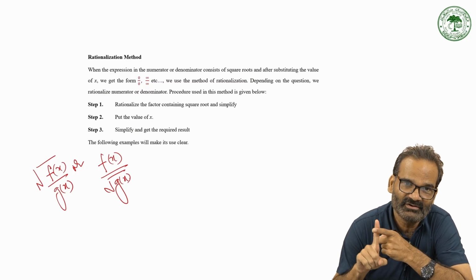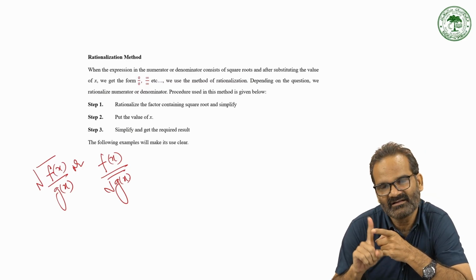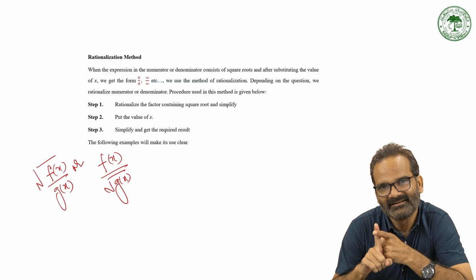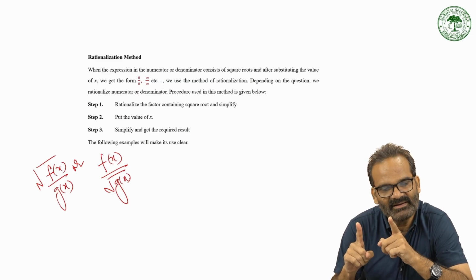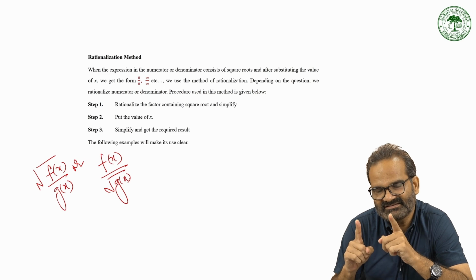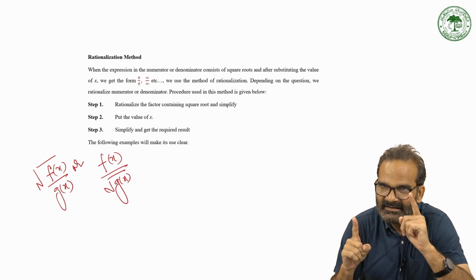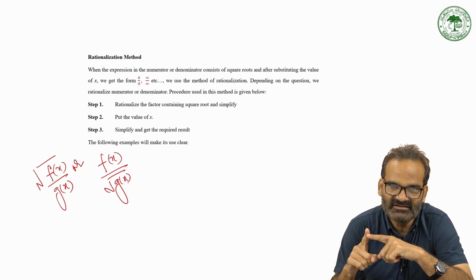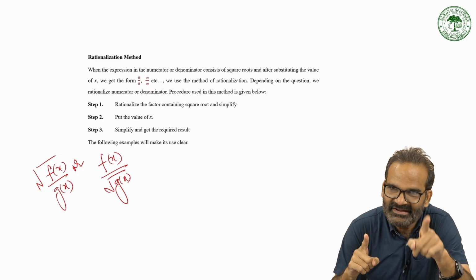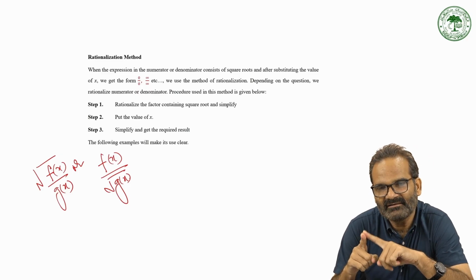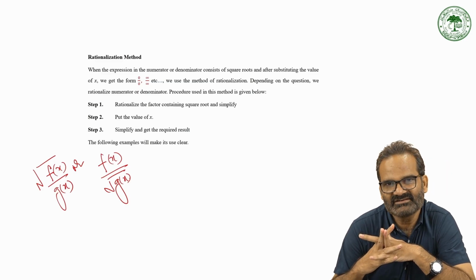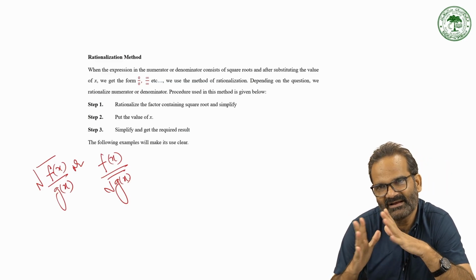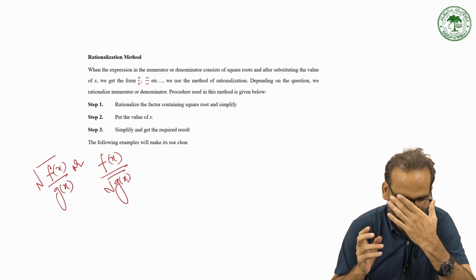Only then we can use the method of rationalization, right? Clear? The basic difference between factorization method and rationalization method is, in case of the rationalization method, either the numerator or denominator must contain a square root. Otherwise we cannot use the method of rationalization.